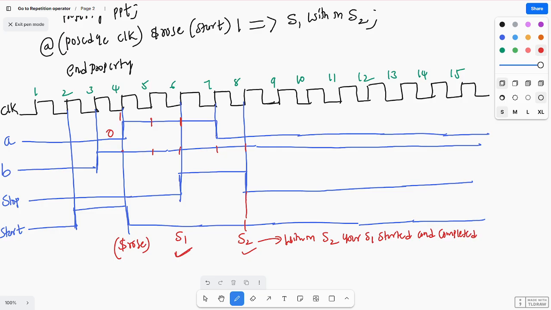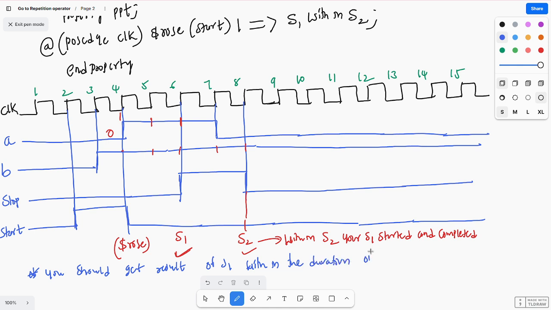So that means you should get the result of S1 within the duration of S2, then my assertion will pass.